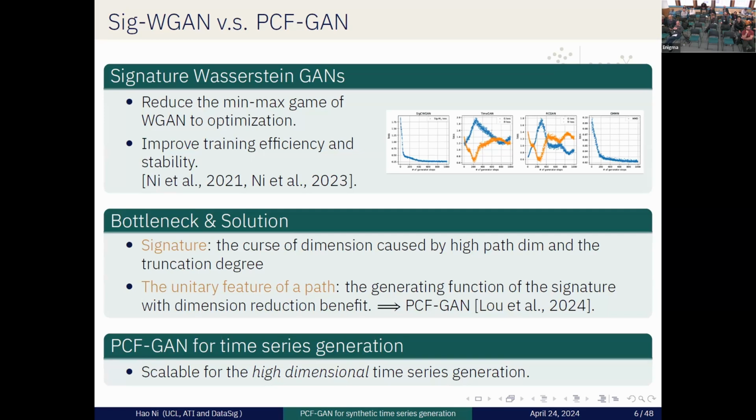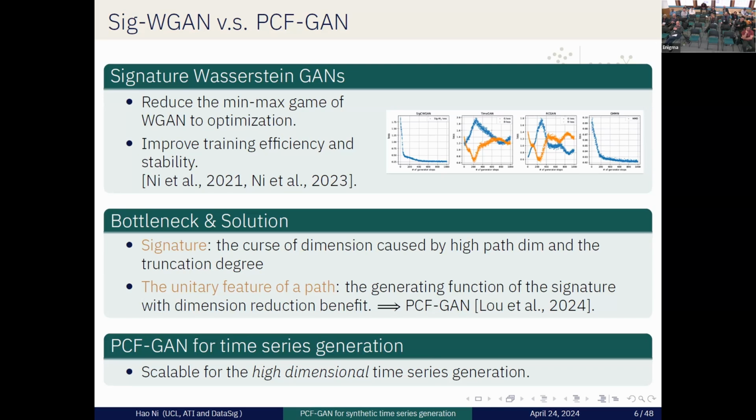In our previous work, by utilizing the signature as the feature representation, we approximated the W1 distance on the measures on the path space and reduced the min-max game to supervised learning. It can improve the training efficiency and stability, achieving satisfactory results on some datasets.